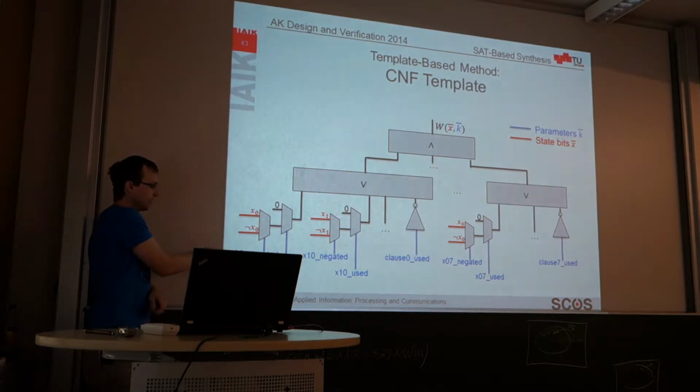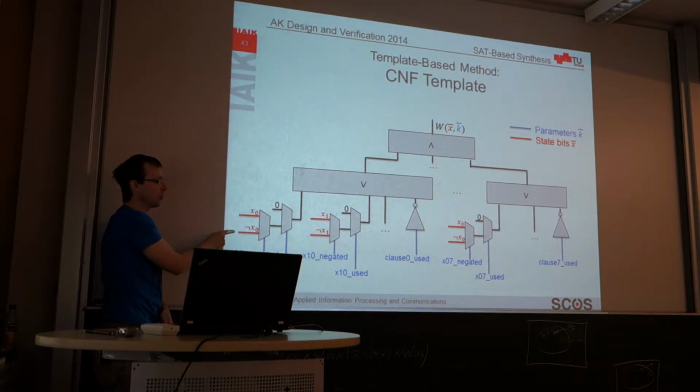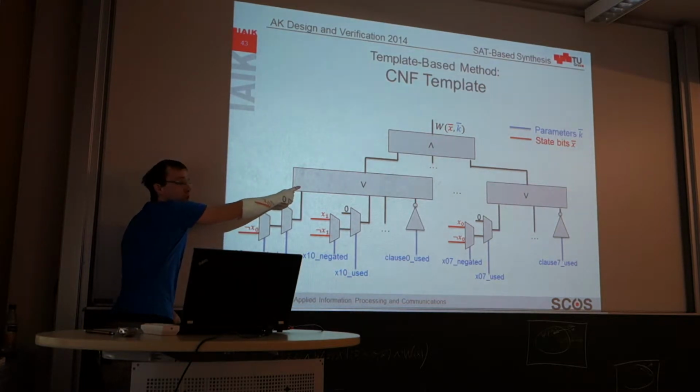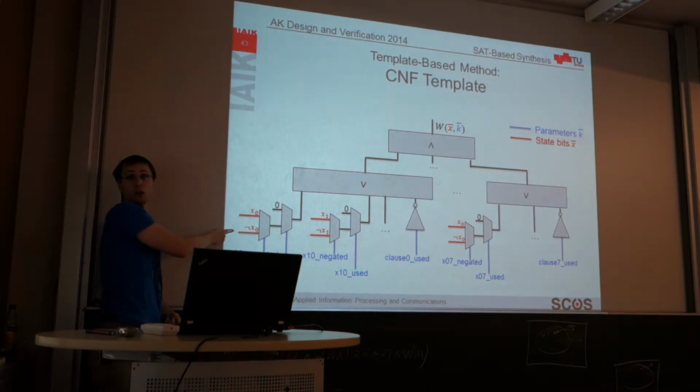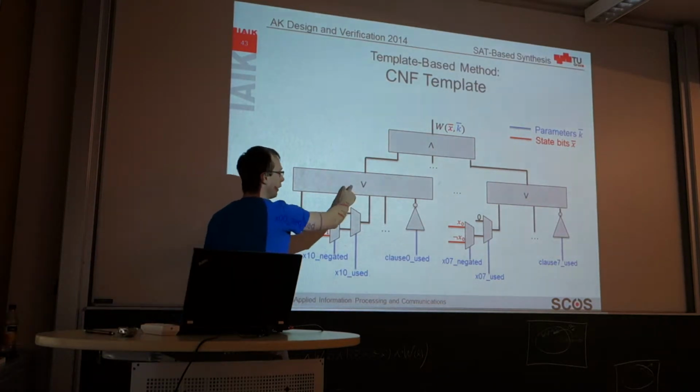So we use a template parameter to decide whether the first clause contains x0 or not x0. Then we use another template parameter which basically decides whether this first clause contains x0 at all or not. And we can do this for every variable.